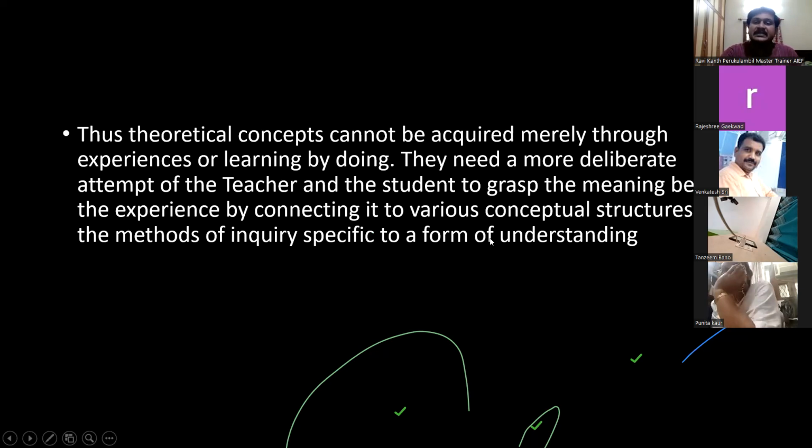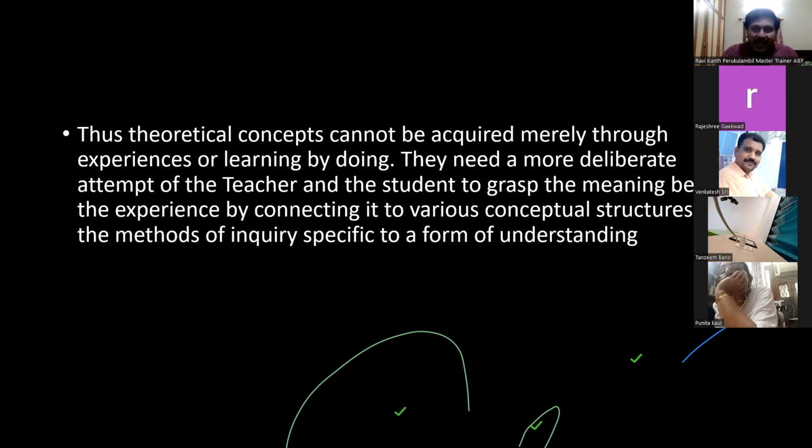So theoretical concepts cannot be acquired merely through experience or learning by doing. They need a more deliberate attempt of the teacher and the student to grasp the meaning behind the experience by connecting it to various conceptual structures and the methods of inquiry specific to that form of understanding.